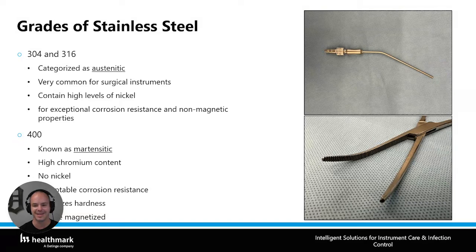It has acceptable corrosion resistance, but it's going to be a little bit more susceptible to corrosion than the 300 level. It prioritizes hardness. This is an example, just a Kelly clamp here, but needle drivers are a great example as well. These are going to be harder than the 300 level.